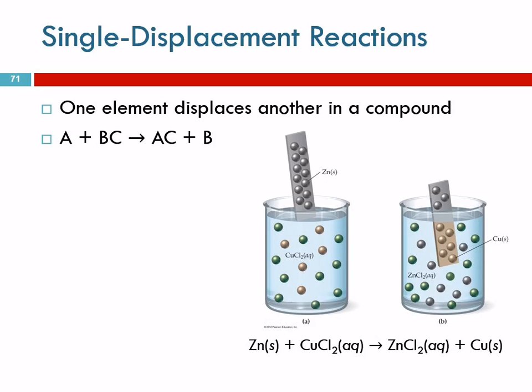Single displacement. So here we have one element displacing another in a compound. Here we have an element, and here we have a compound. This is like Adam, and here's Bobby and Christina.